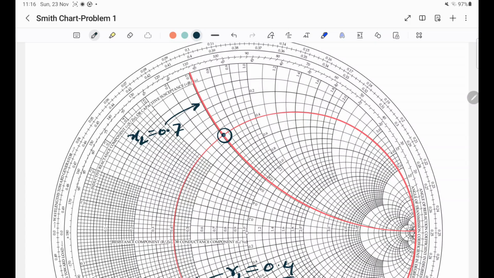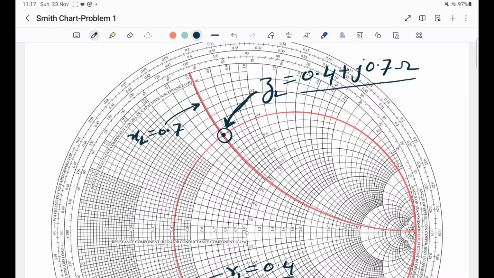The point at which these circles meet represents your load impedance, the normalized load impedance. So this point zL will be 0.4 plus j 0.7.